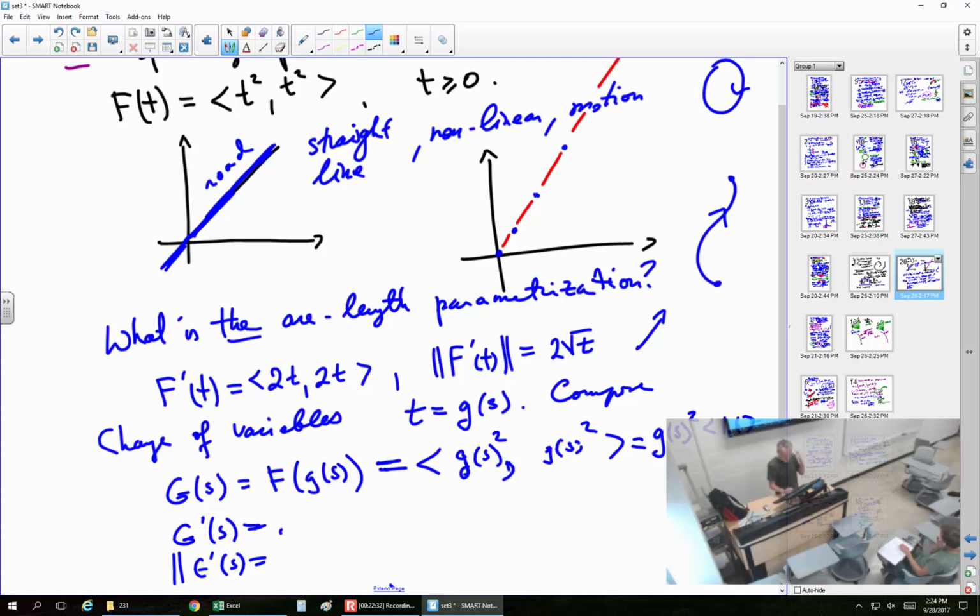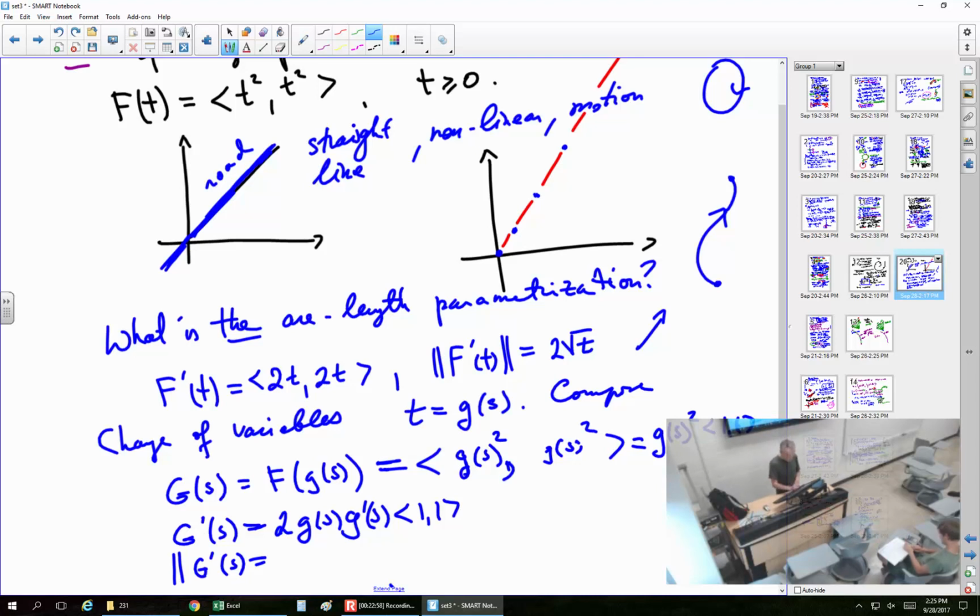So what's the derivative? It's 2 g of s g prime of s times (1, 1). So the numerical part, and then how much this vector is stretched by this much.